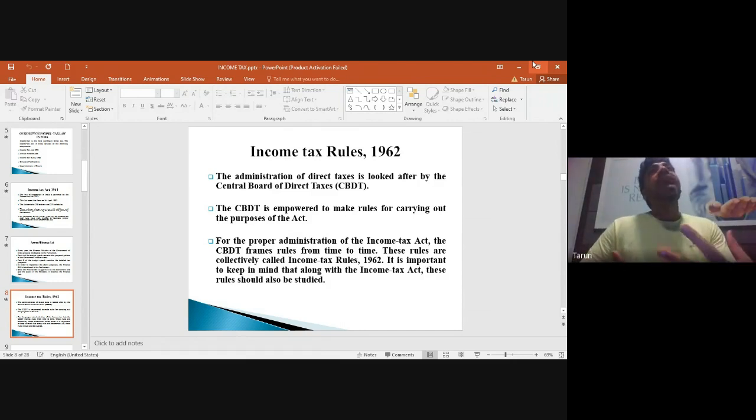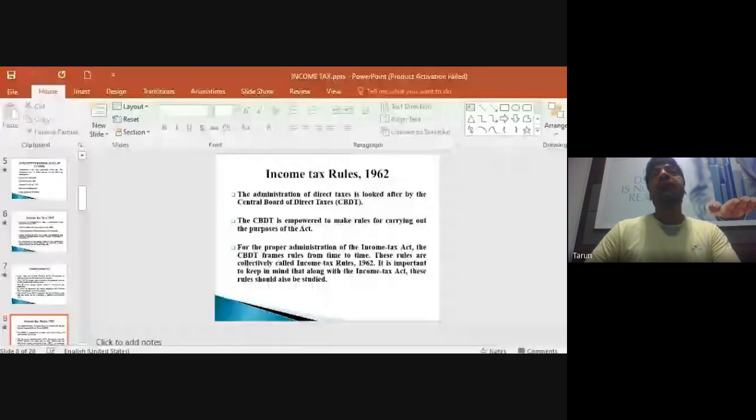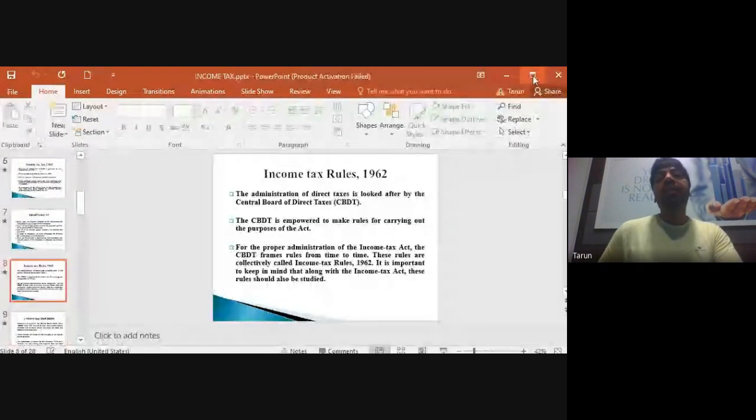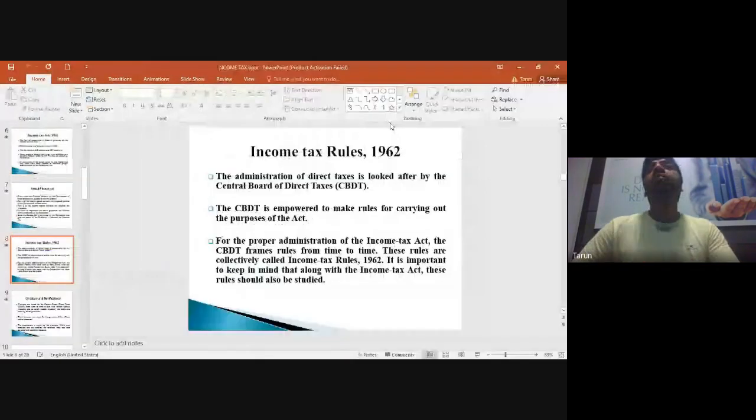Every tax, whether direct or indirect, has a practical side: how the income is to be calculated for a salaried person, from property, from capital gains, from house sources, and from agricultural purposes.